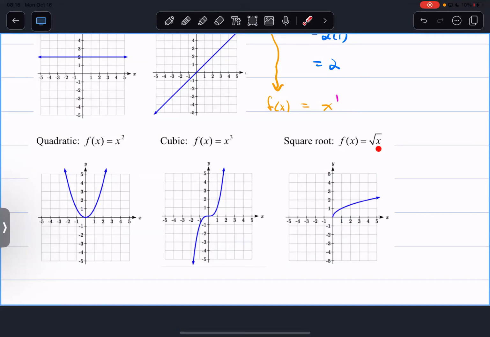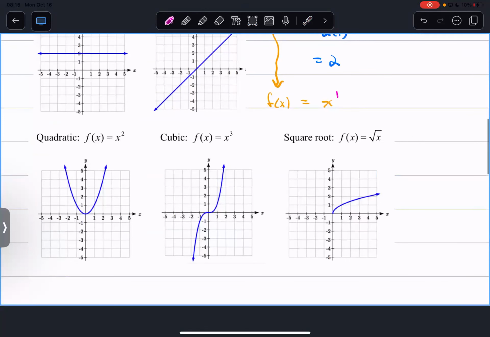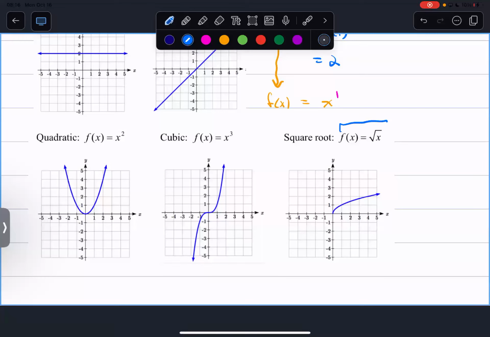What about the square root of x? Can I rewrite that as a power? You bet. What can I do? I can rewrite this as f of x is equal to x to the 1/2, right? Any root, the nth root, you can rewrite as a power of 1 over n.